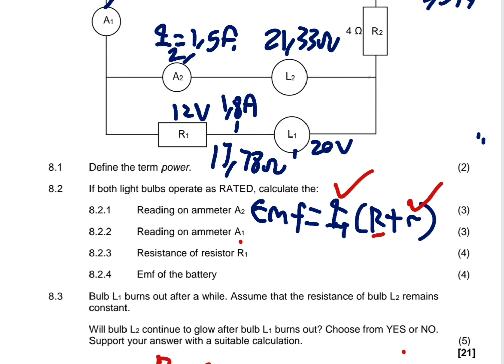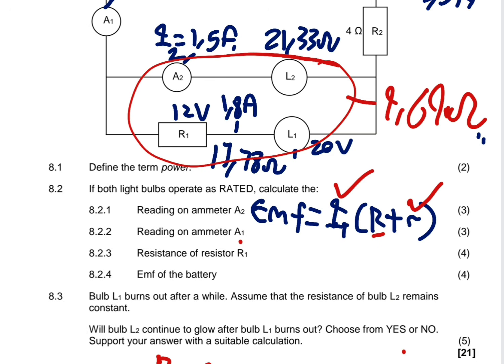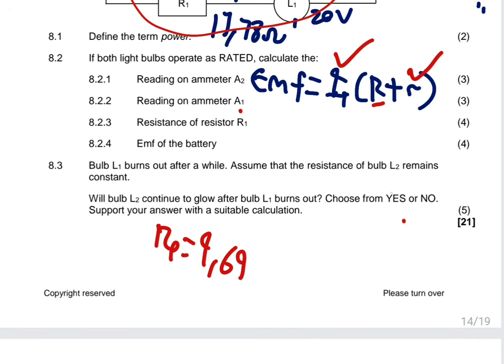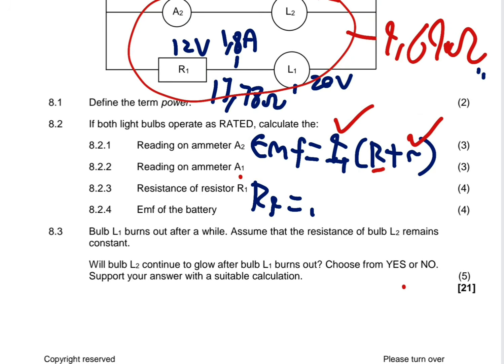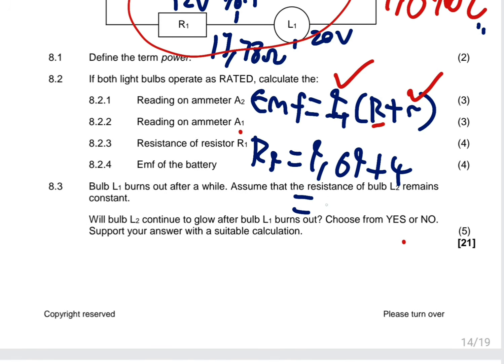So that means the total resistance of all this section is 9,69 ohms. And as I said, this section is in series with that one. So the total resistance of the circuit will be equal to the parallel part and the series part, which is 9,69 plus 4, which will give us 13,69. So now I can substitute.